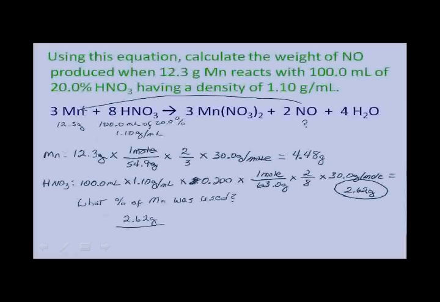So 2.62 over 4.48, the amount we would have produced if manganese had been the one to run out, times 100 is going to give us 58.5% of the excess reagent consumed. There's your answer. Think about it.